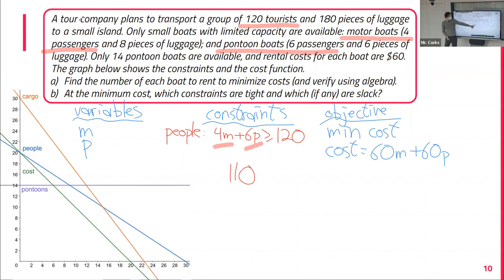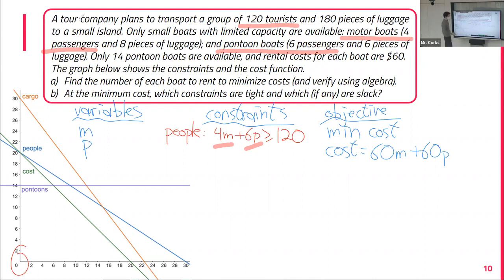If it was 120 as a maximum, then there's no minimum, and we just do 0, transport nobody, and spend no money. But that's not really a meaningful problem, right? So it wouldn't be that. So this people constraint is forcing our cost up, but despite that, we want to find the lowest possible.